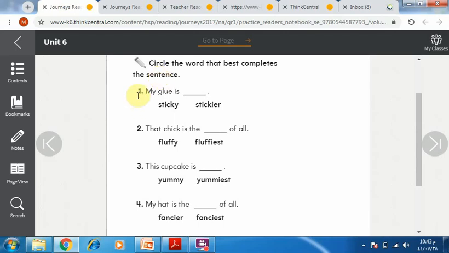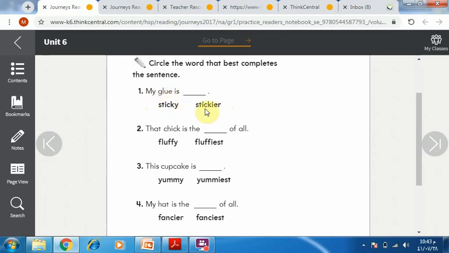Let's see here, number 1. My glue is sticky or stickier. Which answer is correct? Okay, we have to ask ourselves how many things I'm comparing here. Am I comparing my glue to your glue, for example? No, I'm just talking about my glue. I'm talking about one thing here.